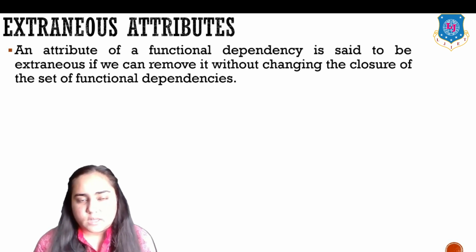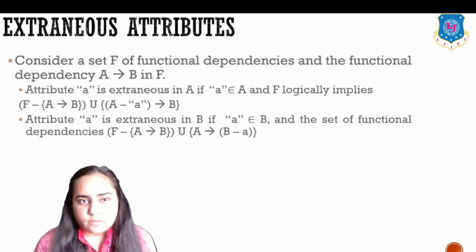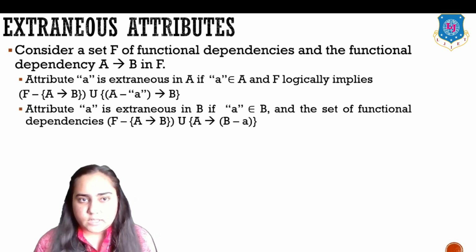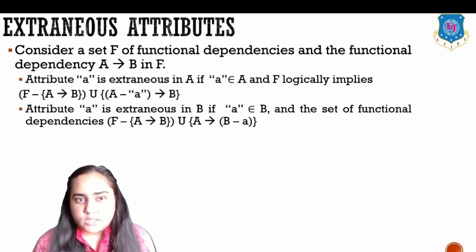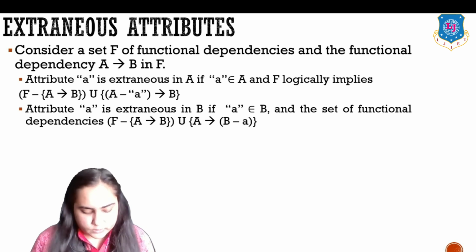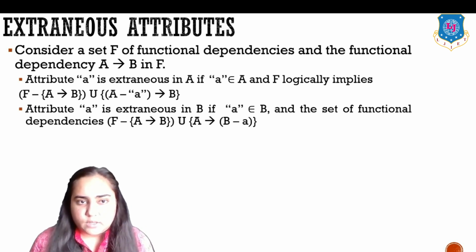Now, the two rules that I was talking about are these. Consider a table which contains a functional dependency, A determines B. Now, we're not talking about a database, it's one table. So for one table, there's a dependency, A determines B. Now, in this, consider an attribute, small a, that you can see right here.